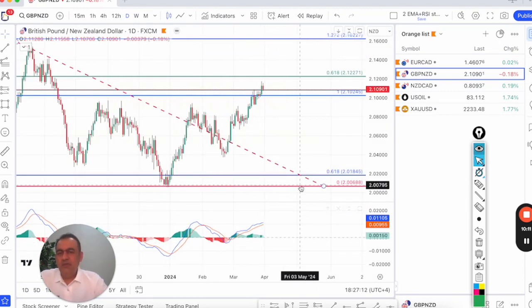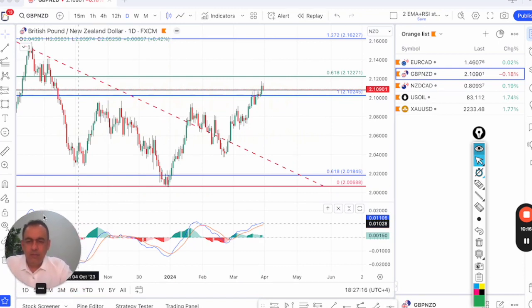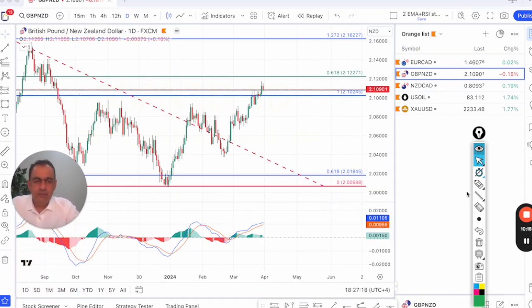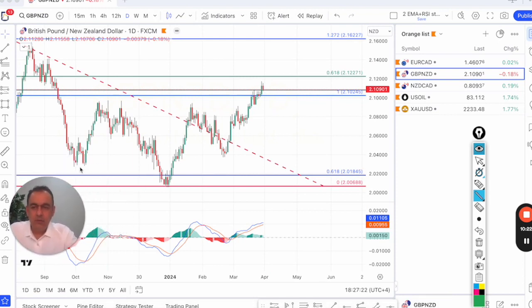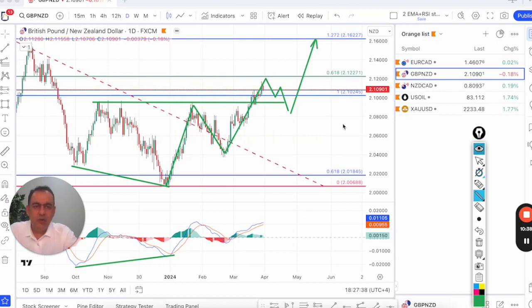And based on the daily time frame, I can see that we had bullish divergence, lower low formation with bullish divergence, and we have already cleared the BOS level. So with the BOS level cleared, now we can expect a pullback and then continuation to the next level of 2.16.